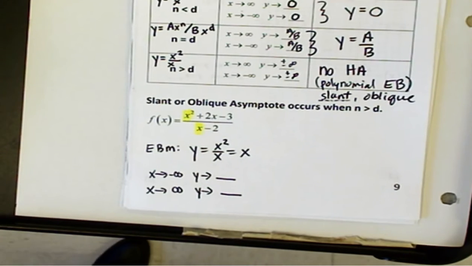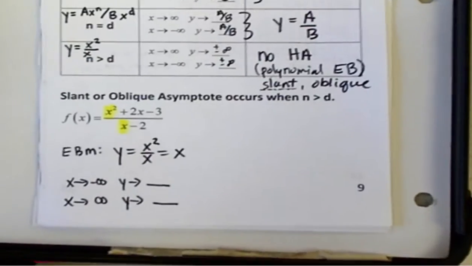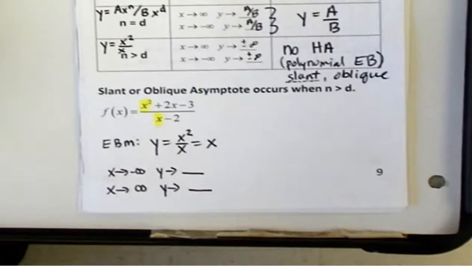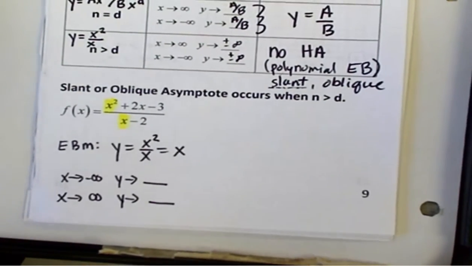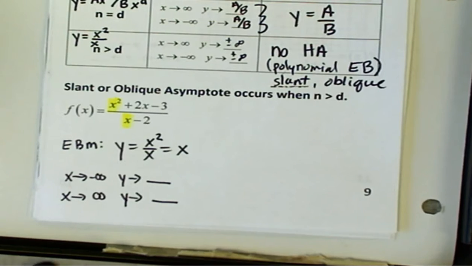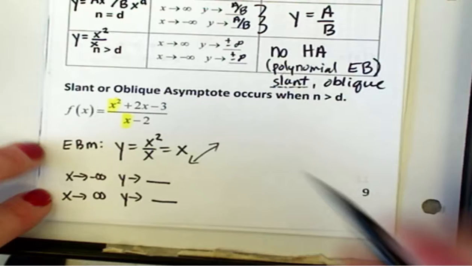This is your end behavior model. That is not an asymptote. That is just the end behavior model. You have to do something different to find the asymptote. Well, that reduces to y equals x, which looks like this.